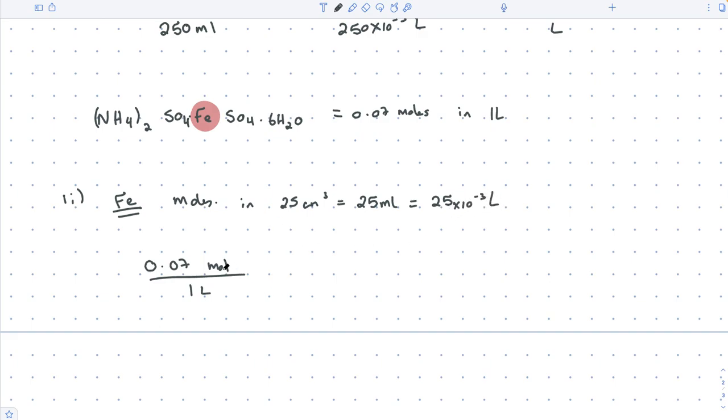Now I want to get rid of the litres, so I'm going to multiply by 25 by 10 to the minus 3 litres. The litres will drop out and we'll just be left with moles. If I do my calculation out here, I'm going to have 0.07 times 25 by 10 to the minus 3.